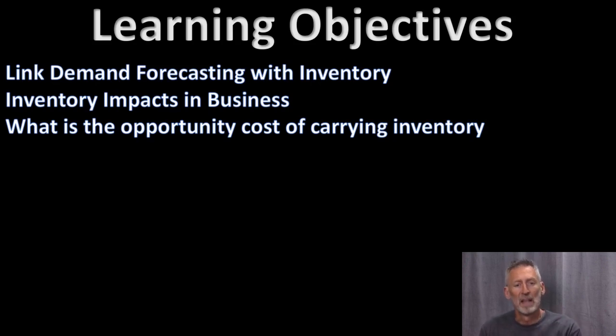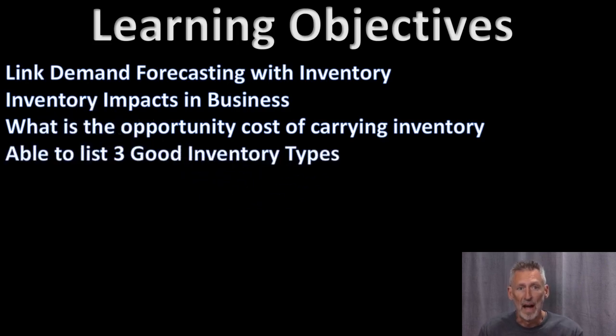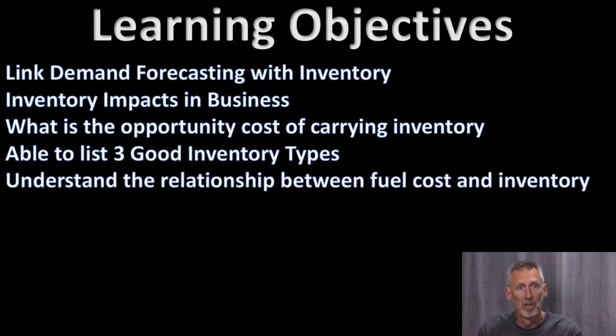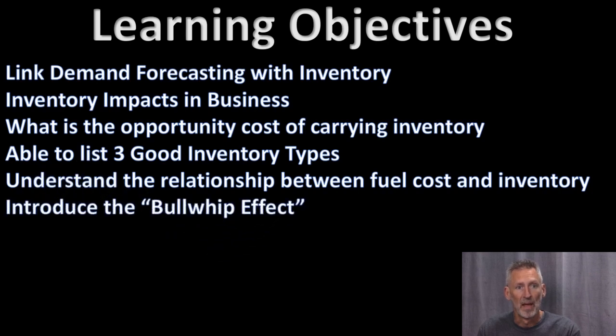We know that not carrying enough, we are short on sales, and we may lose revenue as a result of that, but there's an opportunity cost of carrying too much inventory. Be able to define and list 3 good or normal inventory types. Understand the relationship between fuel costs, which are going up, and inventory. And then we'll introduce the bullwhip effect. I have more on a YouTube video.